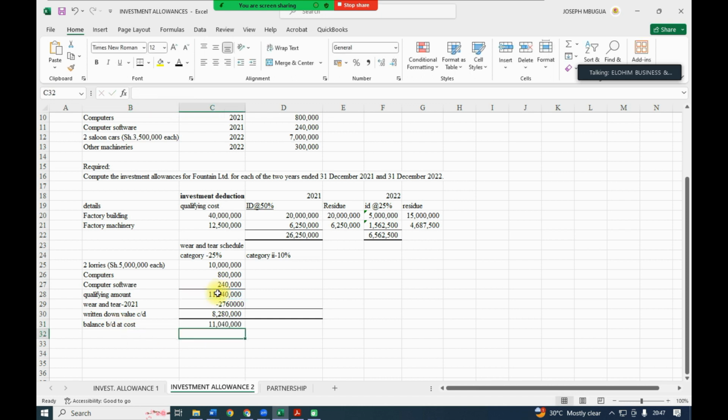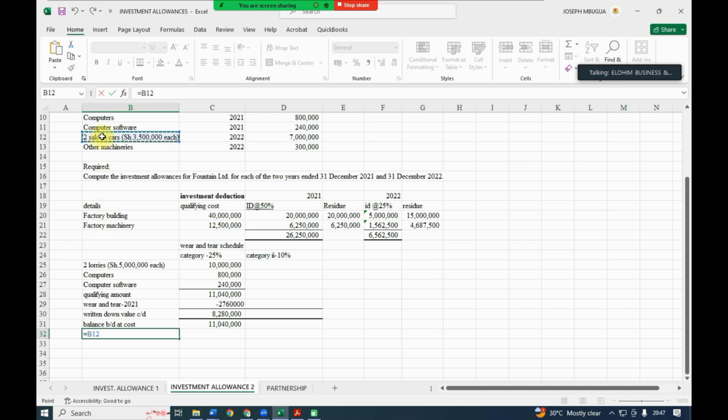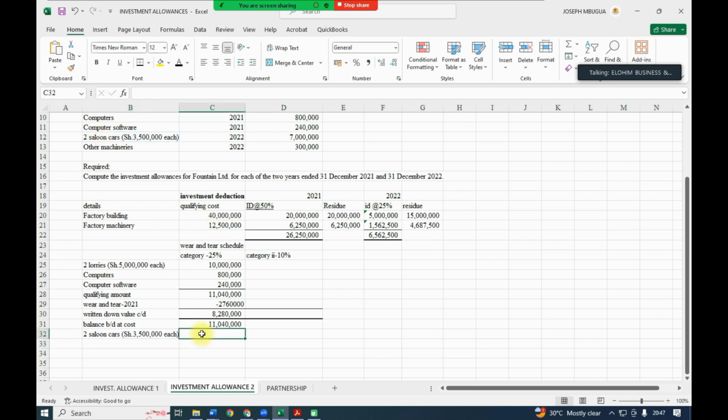I'll pick these. The qualifying amount is what we shall start with in the second period, and we include the other, including the two saloon cars that we have said the qualifying is 6 million each.